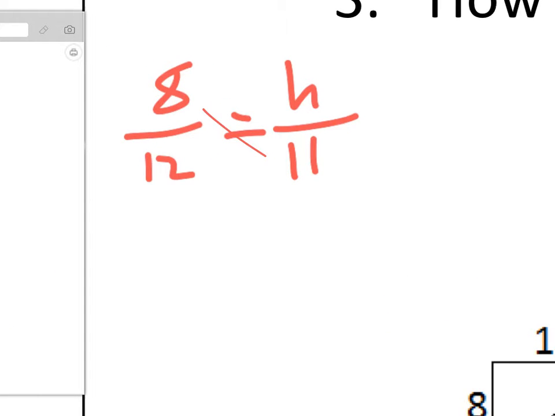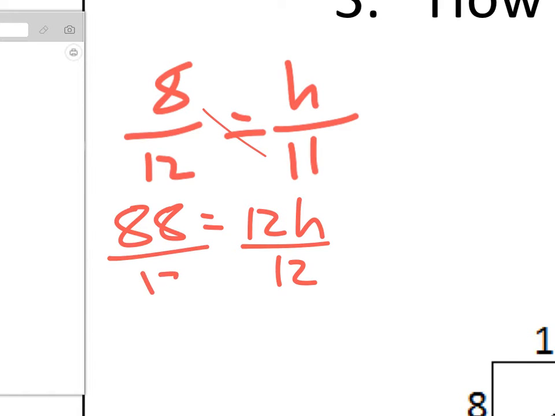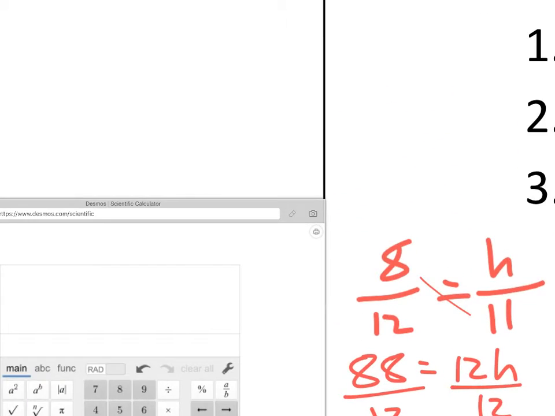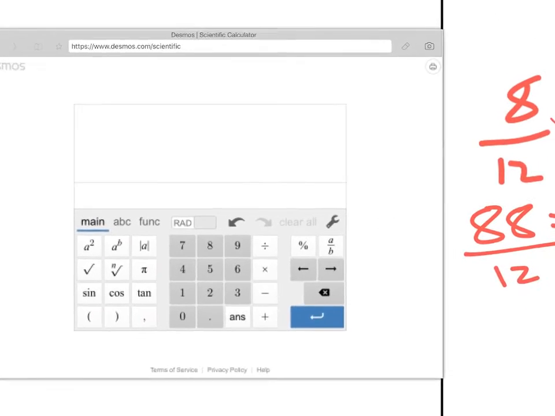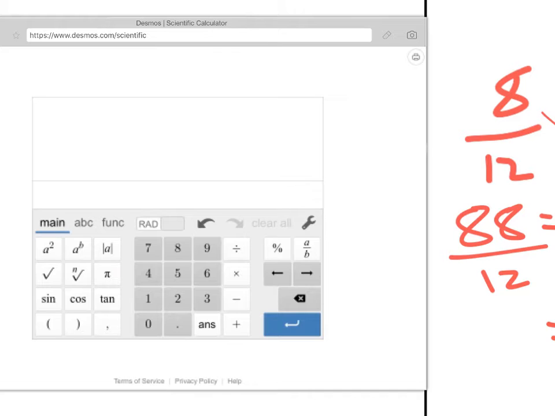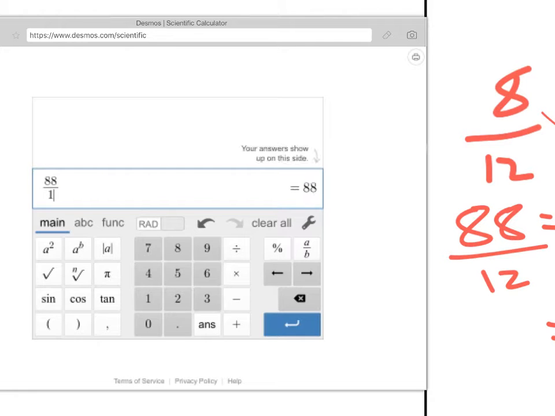8 times 11, that's 88, equals 12h divided by 12. Going to get a decimal here, so let's go on over to decimals here. We have 88 divided by 12. So this is just our scientific calculator, desmos.com.